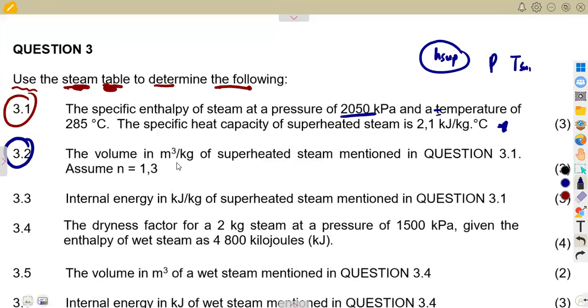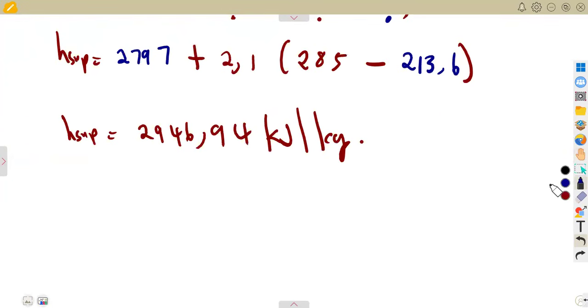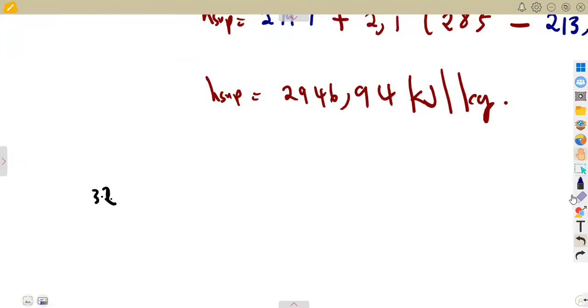The volume in cubic meters per kilogram of the superheated steam, that is V sup, of the superheated steam mentioned in question 3.1. Assume that n is equal to 1.3, which is the index of compression or expansion. So we're given n, and we are supposed to calculate V sup.